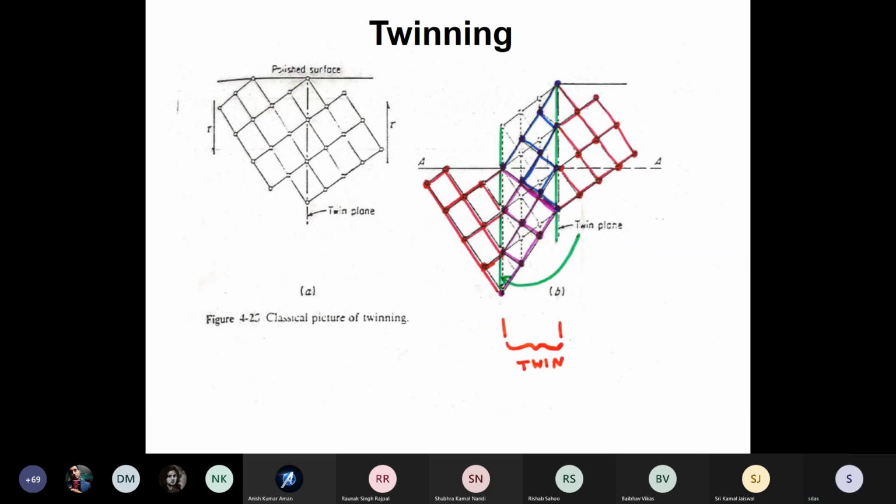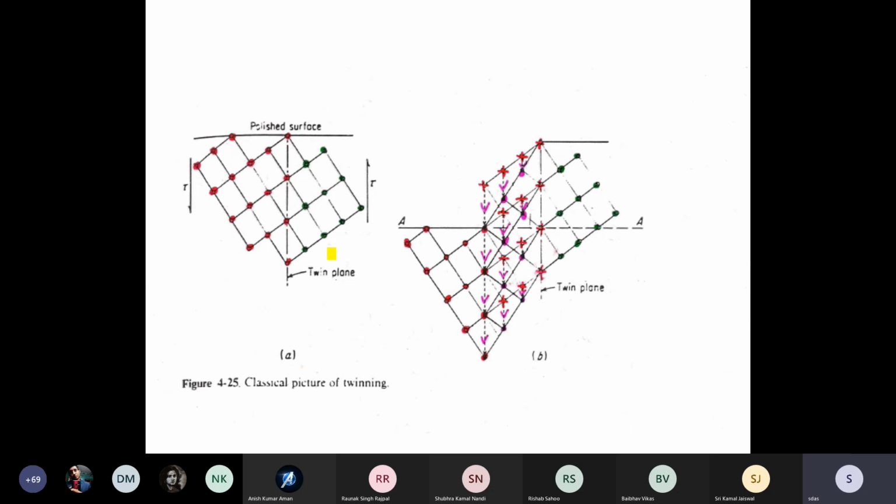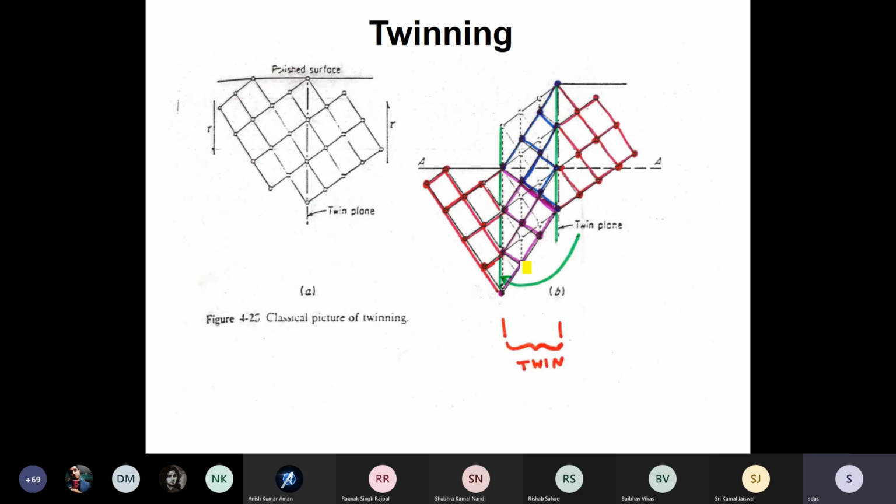So I want to show you from your book. This is before twinning took place. After twinning took place, the atoms moved. All the atoms moved in the twin region by an amount which is a fraction of the lattice constant.